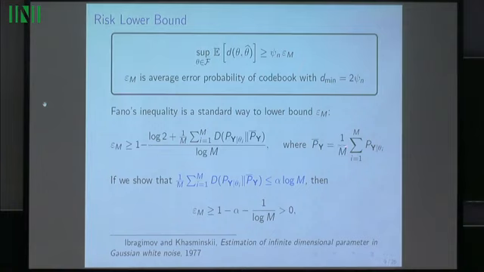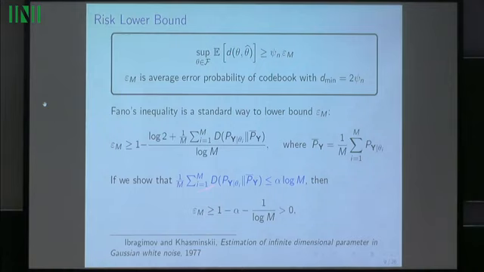Okay, and the typical way to obtain a risk lower bound is to say that I'm going to upper bound this average KL divergence. Say I upper bound it by alpha log m, and typically this is the order of bound you can get. And once you get that, you just plug it in here, and what you get is epsilon m is lower bounded by 1 minus alpha times this small quantity, because m is large.